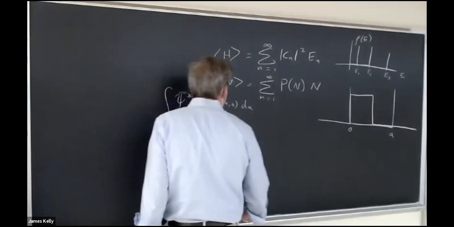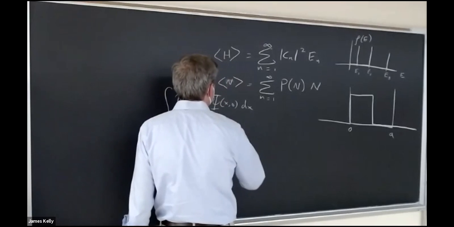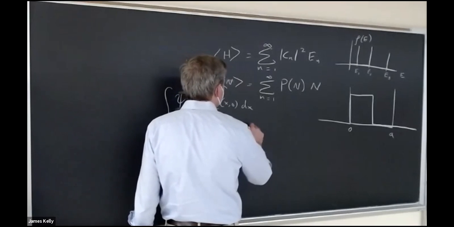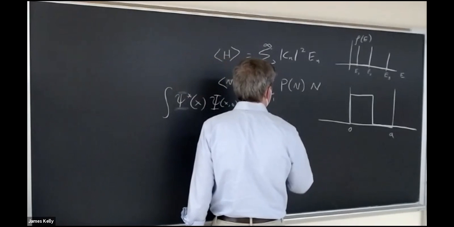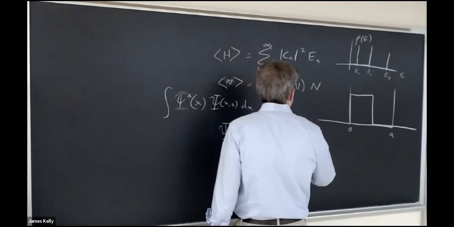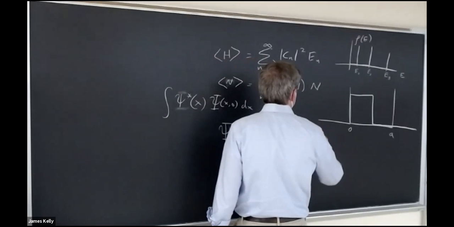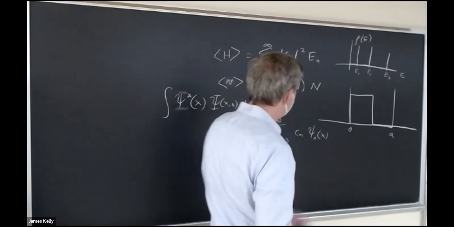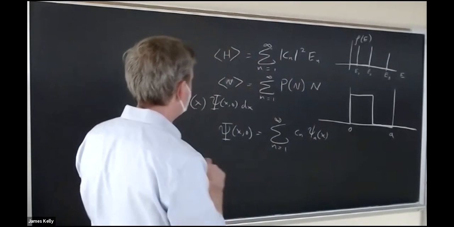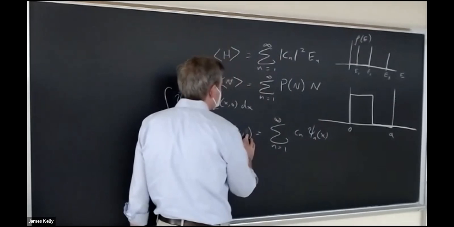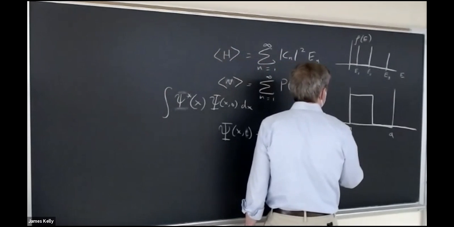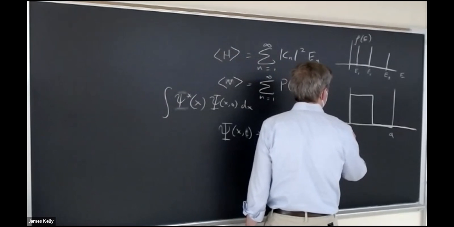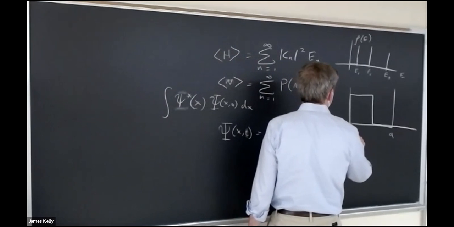We write psi of x and 0 as the sum from 1 to infinity, Cn times psi n of x. Those are our sine n pi x over a kind of functions, right? And then to put in the time dependence, what we do is just put in the corresponding negative exponential, e to the minus i En t over h bar.